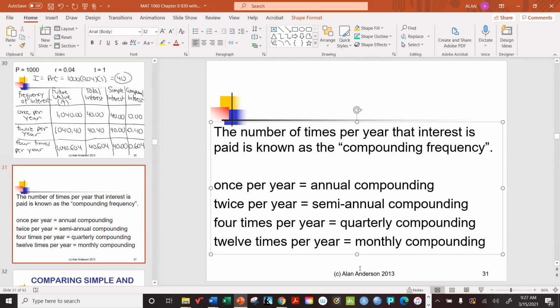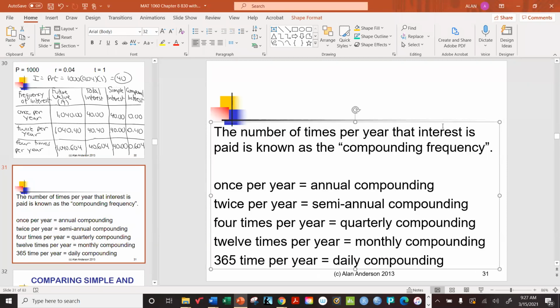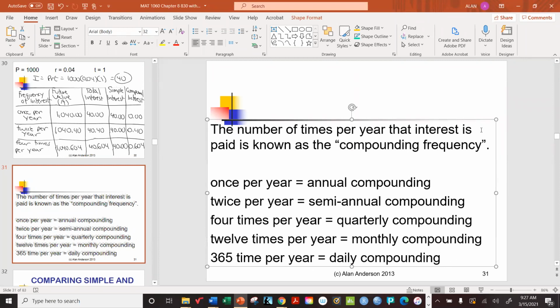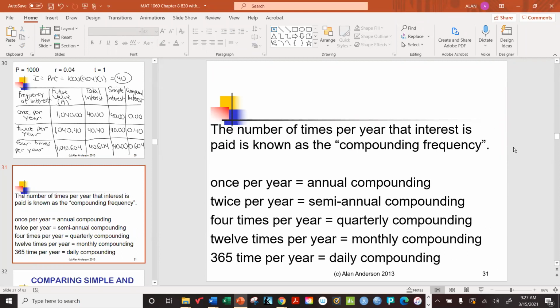And then finally, 365 times per year, as you can probably guess, is called daily compounding. So those are the standard ones that you might see in practice. You don't find any strange ones like 18 times a year or anything along those lines. These are the normal ones.